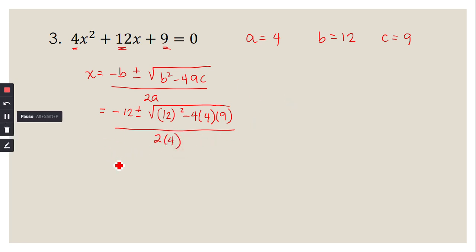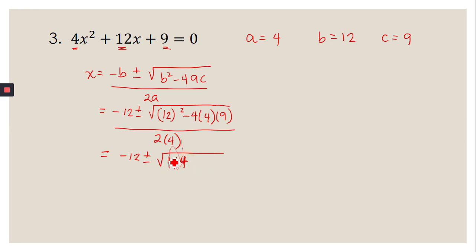And then we are going to solve first the expression inside the radical symbol. So negative 12 plus minus the square root of 12 squared is 144.